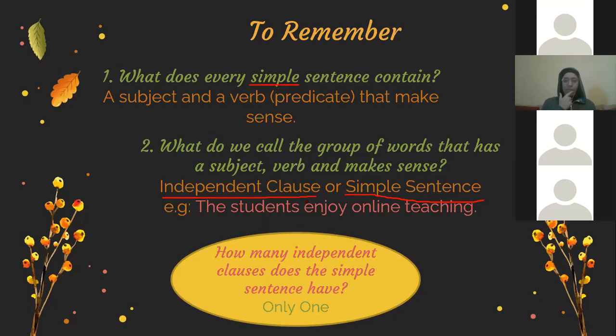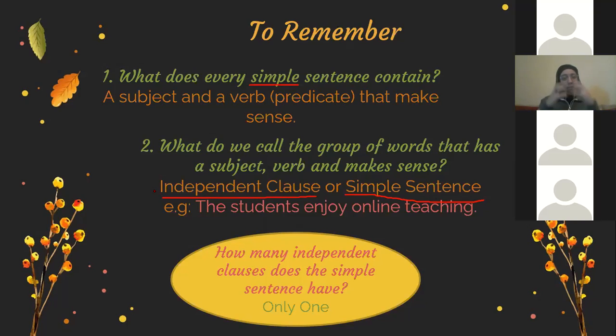Why independent? From the word independent, when we say something independent, we mean it doesn't depend on something else. It doesn't need help. For example, I am an independent person. I do not depend on anyone else. I do not need help from anyone else. So I am independent. I can stand alone.